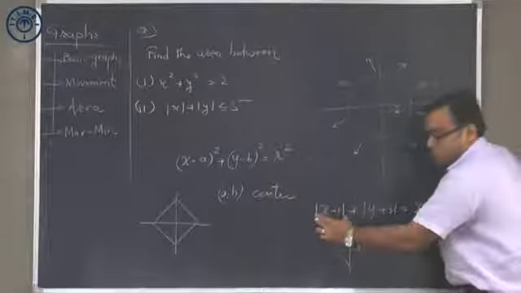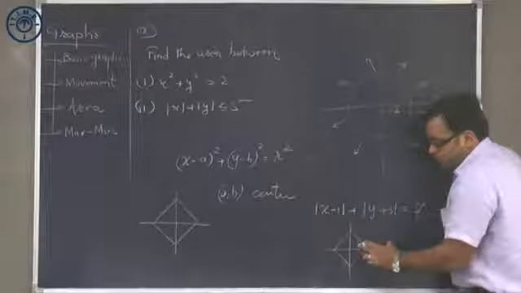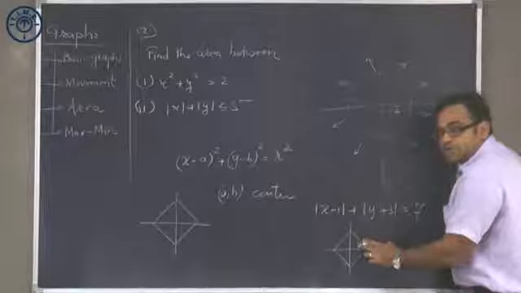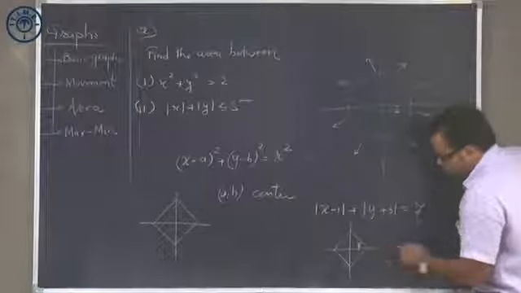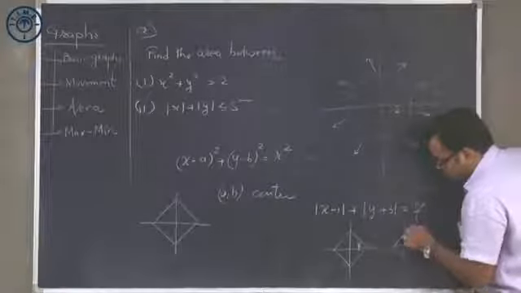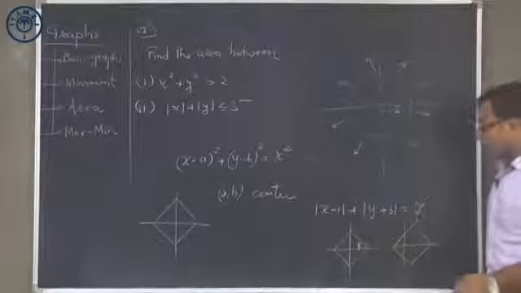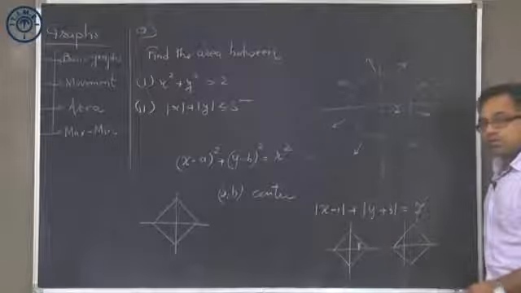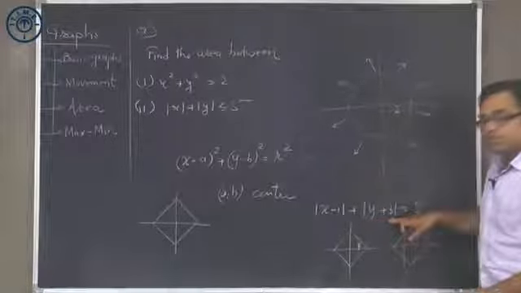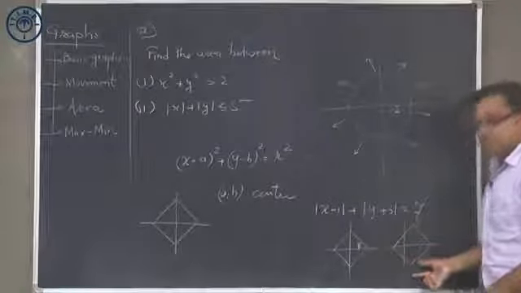Now if I do x minus 1, x minus 1 means that this needs to move 1 unit horizontally to the right. So that becomes mod of x minus 1 plus mod of y is equal to 7. The second part, mod of y plus 3. If it is y plus 3, that means that it needs to move down by 3 units.